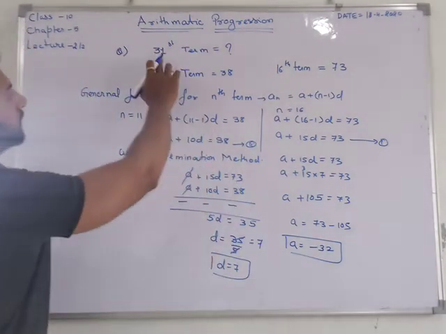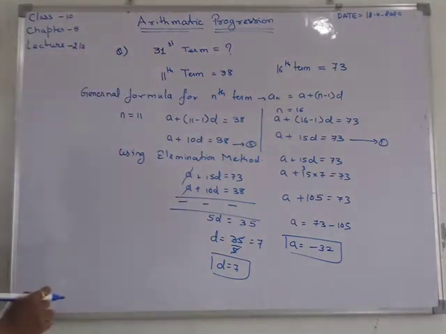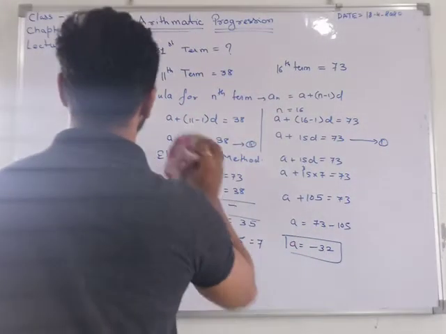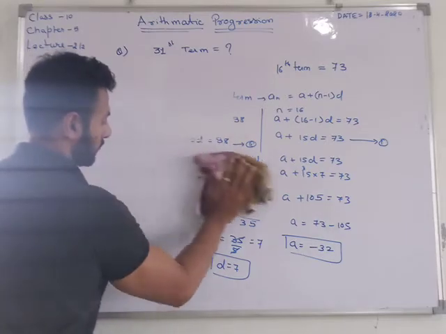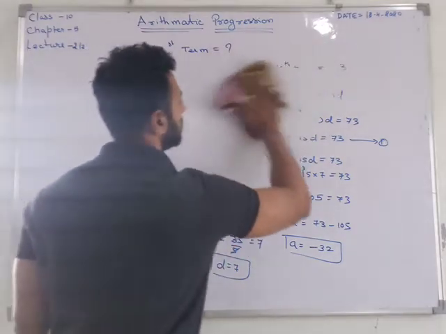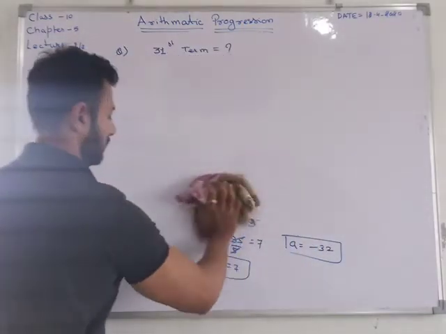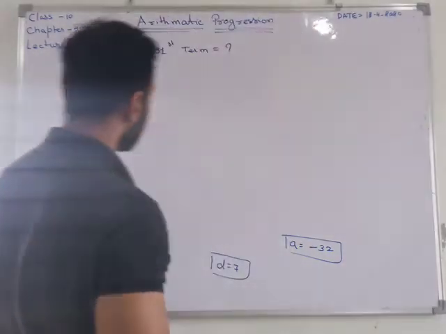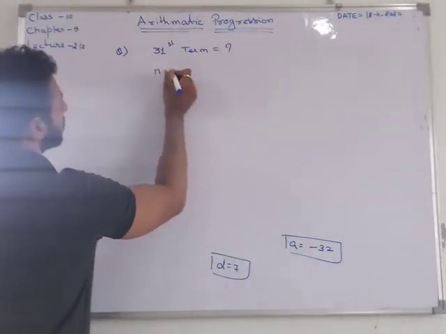But we have to find out the value of the 31st term. So solving for the 31st term, n is equal to 31.